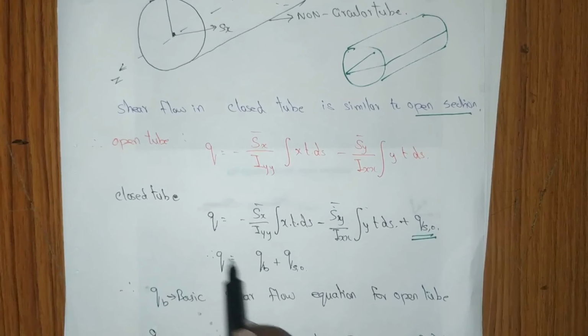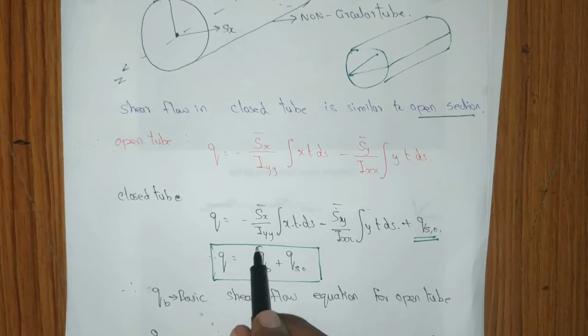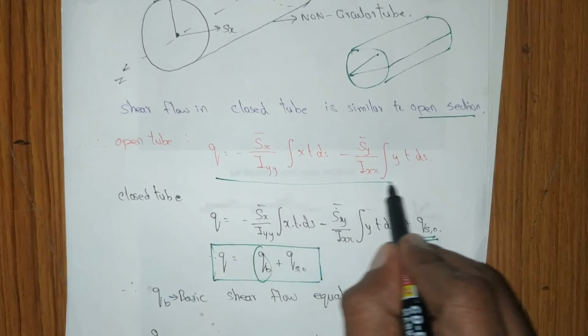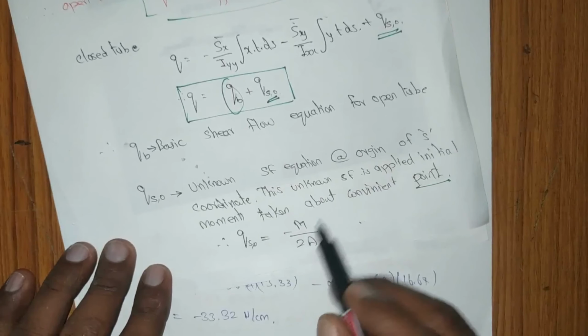So for closed tube, you remember this formula, Q equals QB plus Qs0. QB is this open section formula, right? And Qs0 you need to find out. Finally, Qs0 is minus m by 2a, which we arrived at from the centroid.